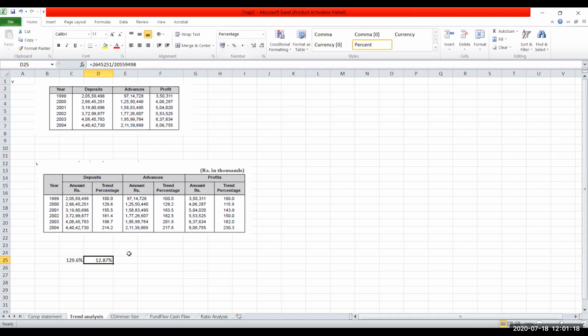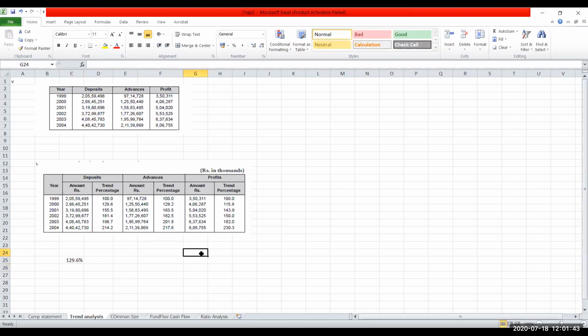Sorry, this is not right. Forget that number, take this number. So this is coming to 129.6. So it is increased by 29.6. If you compare with this base, it is increased by 29.6. Likewise, I have drawn that conclusion for advances and for profit also.